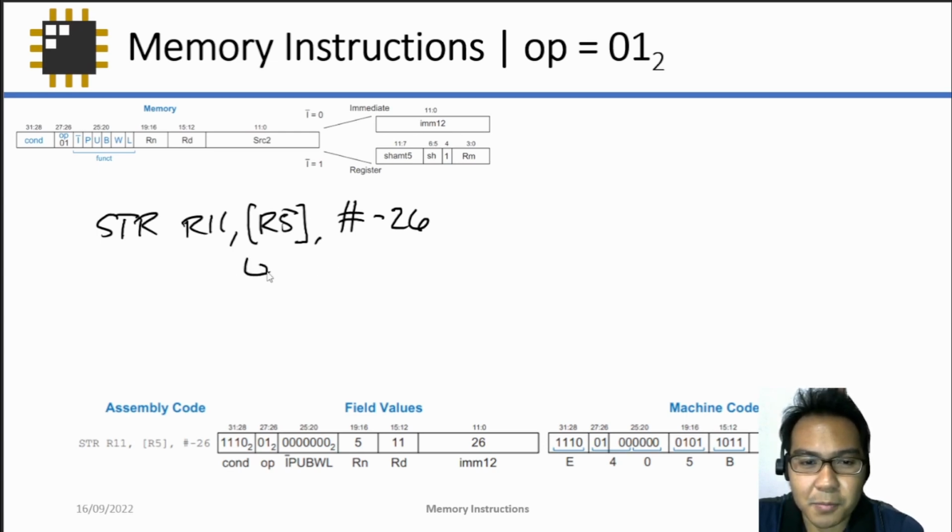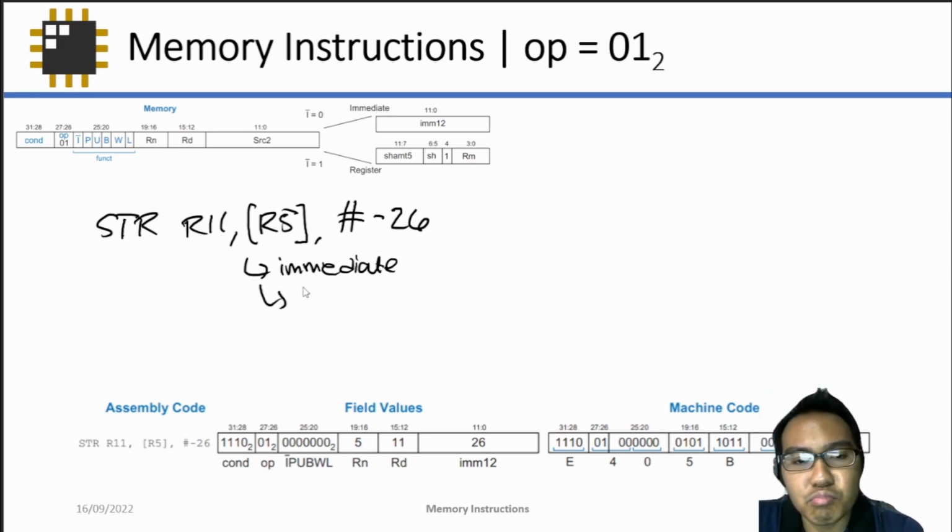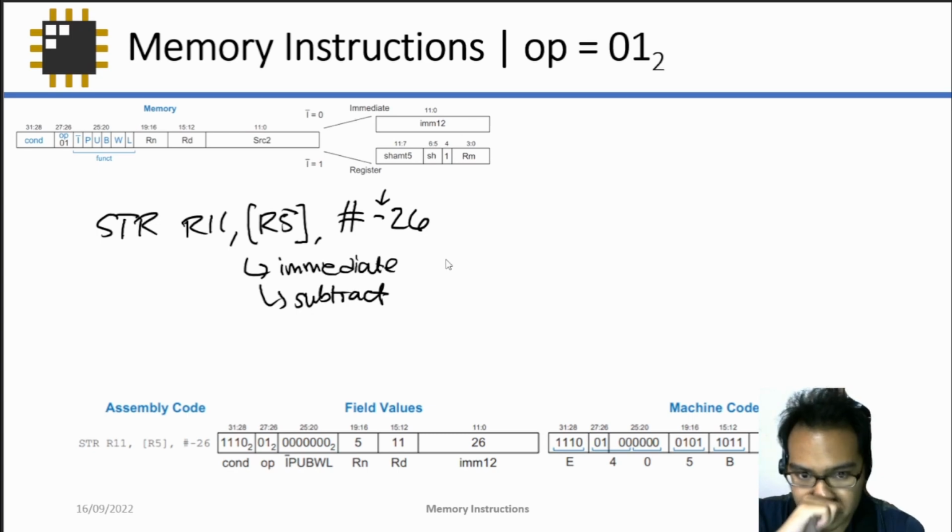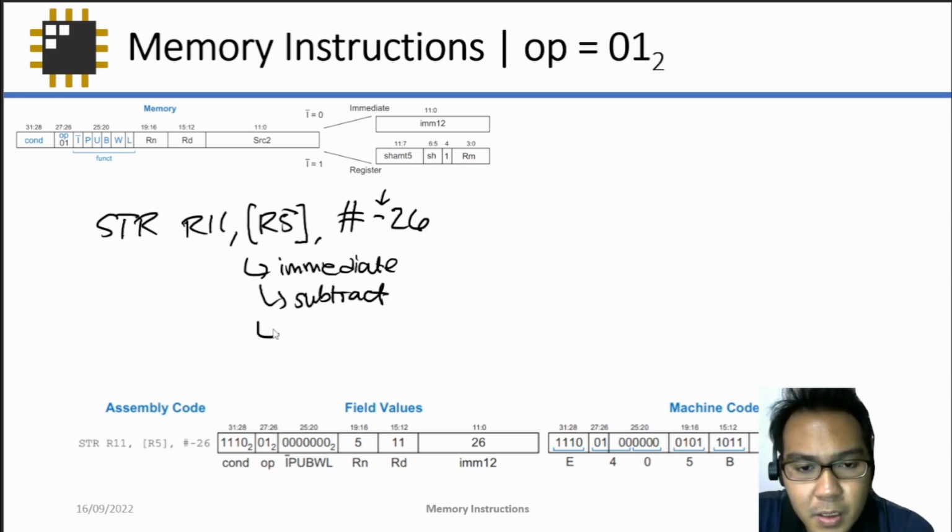We're just going to derive properties from here. Immediate. Subtract. So immediate, we took that from here. Subtract, we took that from this thing. Okay. The next thing we need to know, this is post indexing. That's the way this bracket works.